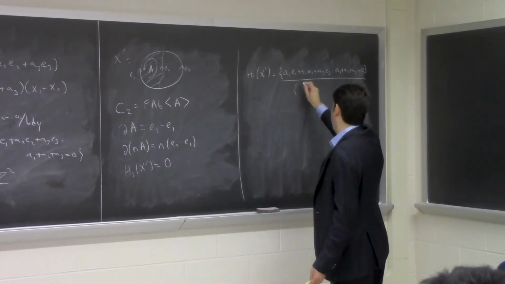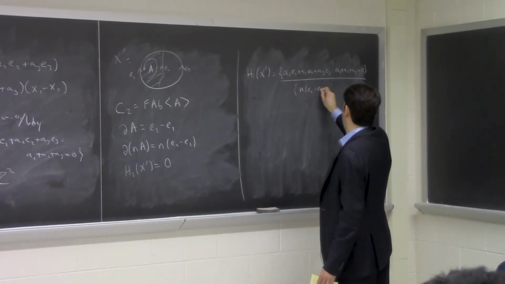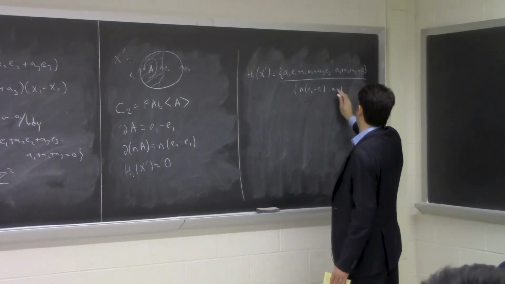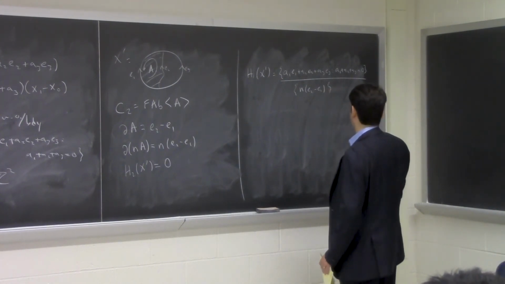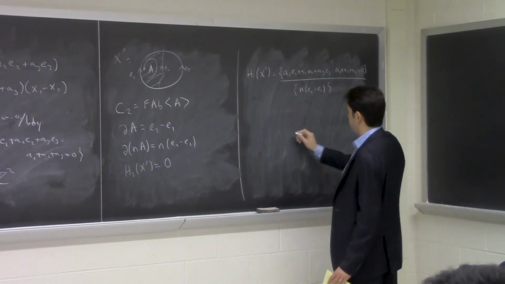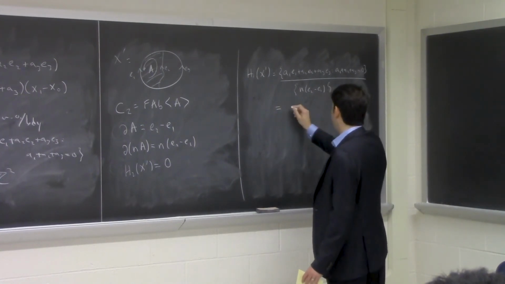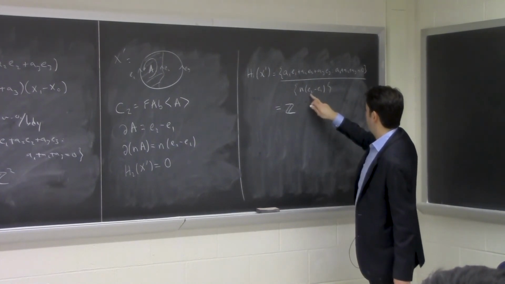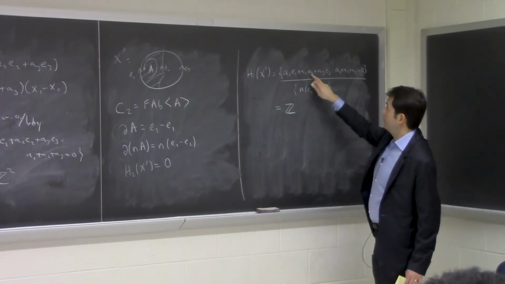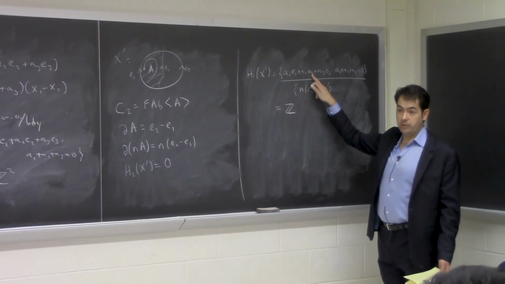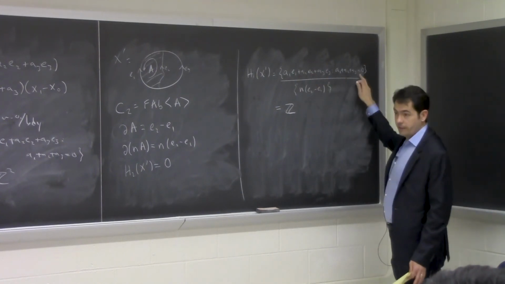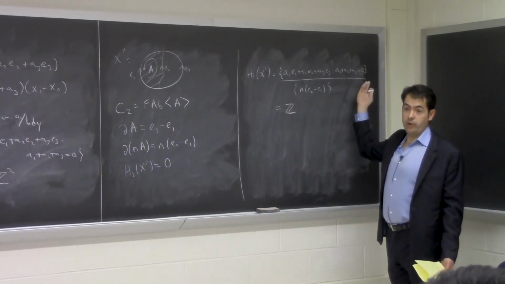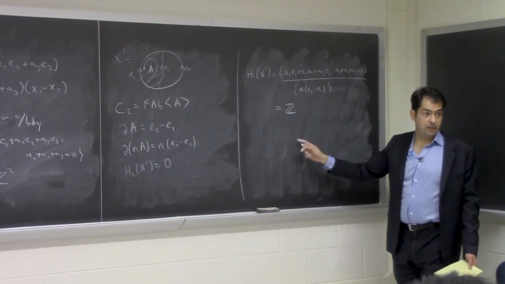So I would mod out by n times E2 minus E1, well, for all n. Okay, so this just tells me that E2 and E1 are giving you the same element. And then since the coefficients are still adding up to 0, I only need one coefficient. So I just get Z.